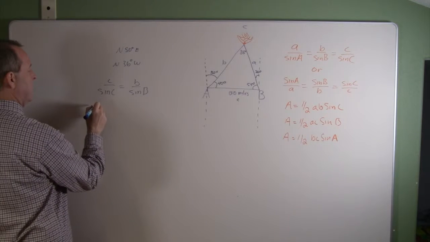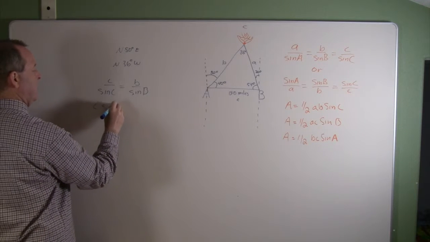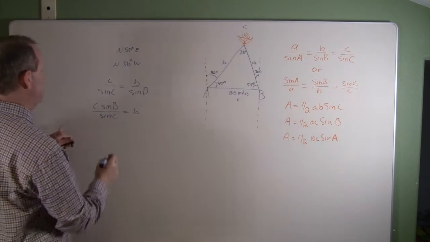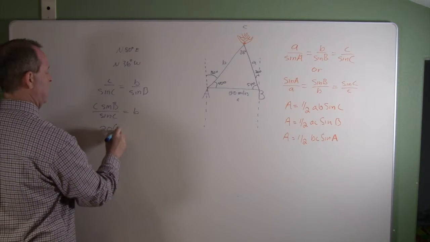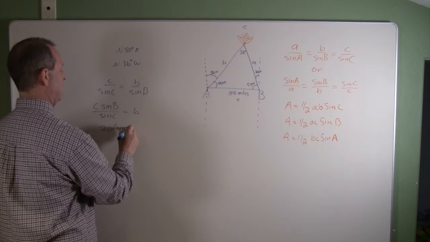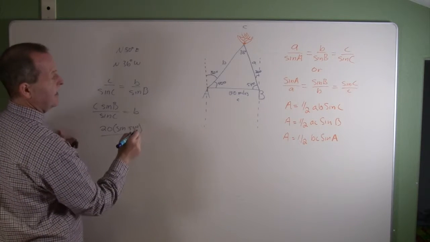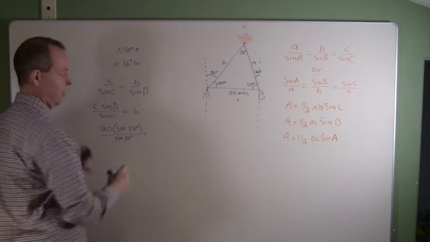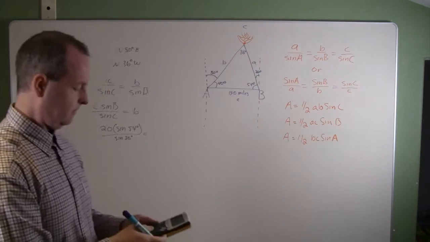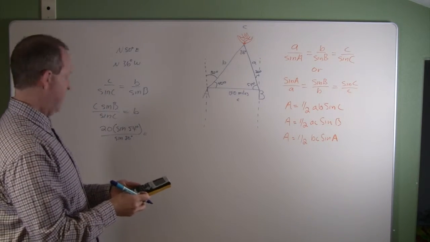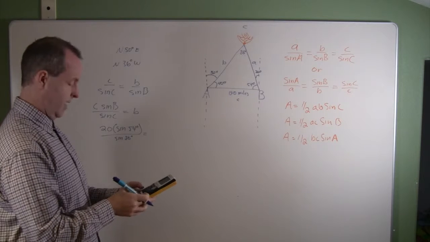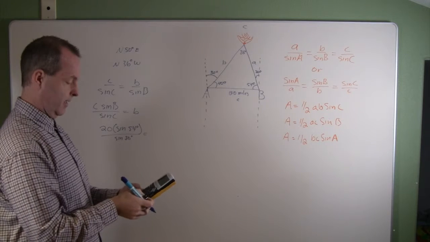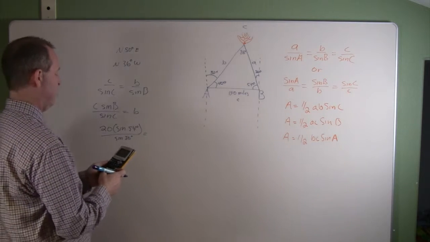That becomes c times sine B divided by sine C. My input values are 20, sine of B, which is 54, and sine of C, which is sine of 86 degrees. That equals 20 times sine 54 divided by sine 86, and that equals 16.2.